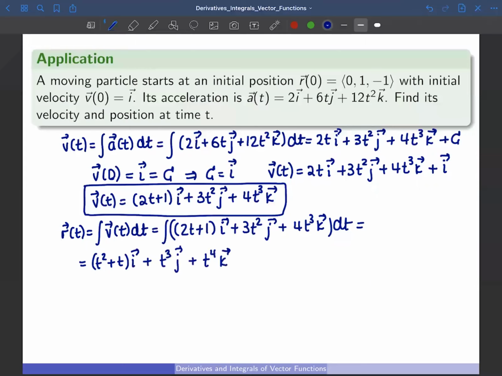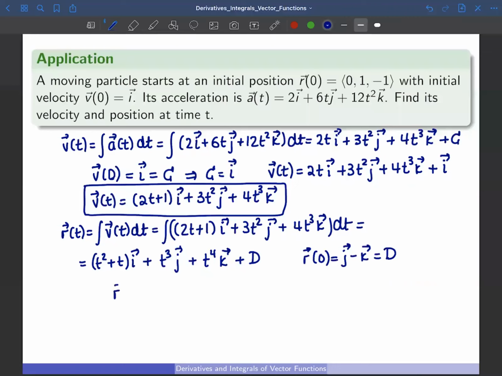And then plus some constant, let's name that constant d, since we have an indefinite integral. But we are given that the initial position, vector r at t equals 0, is equal to the vector j minus the vector k. So this is equal to this constant d that we have in the integration that we did.